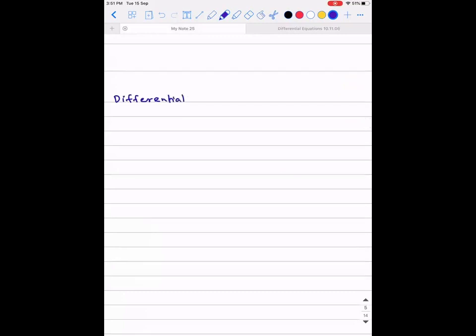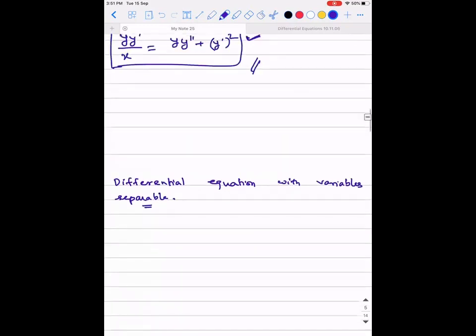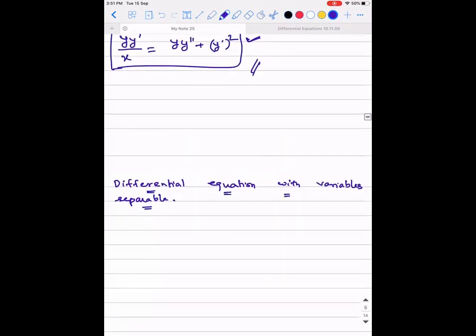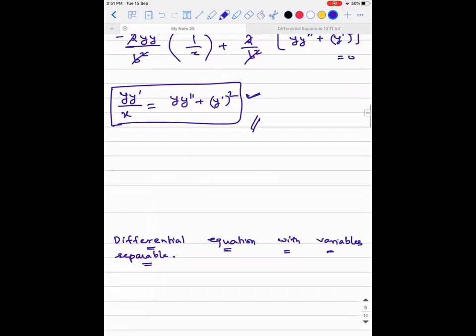So write down the heading, differential equation with variables separable. I will take an example from what we have solved today. See, observe.